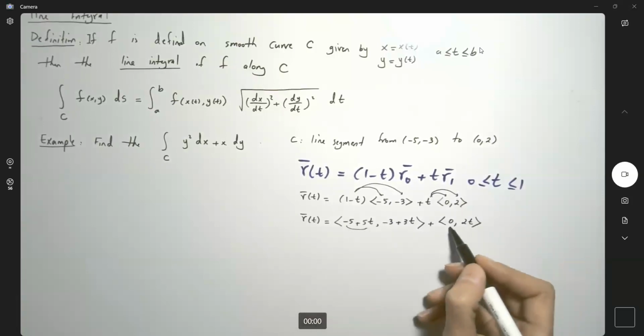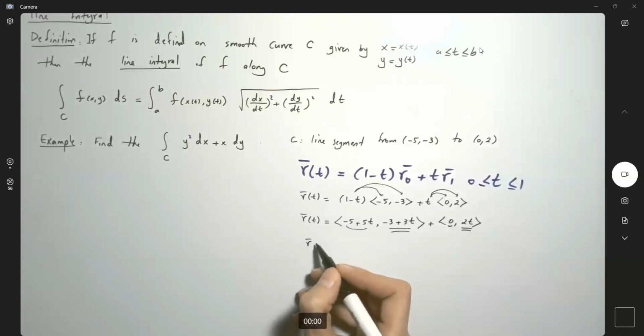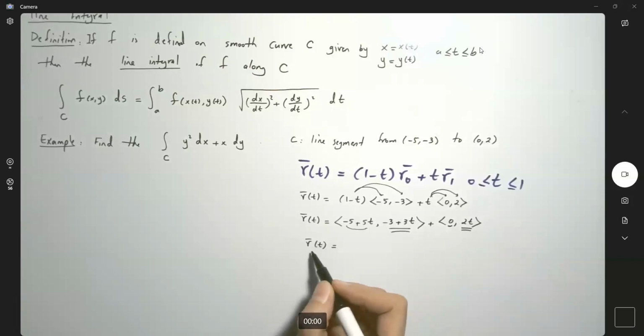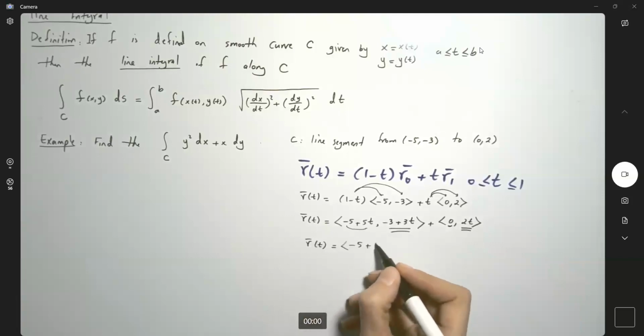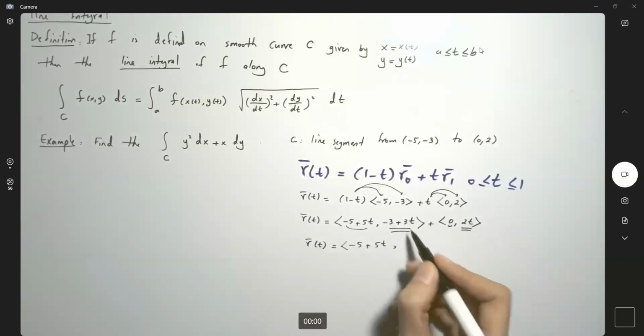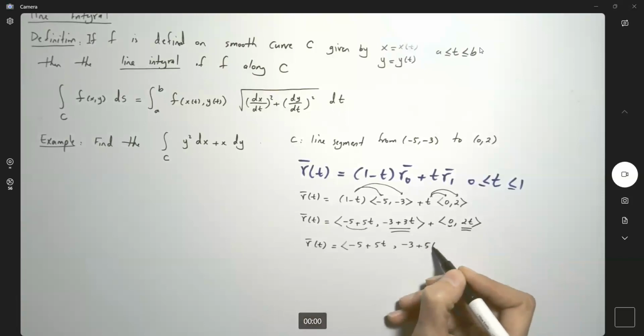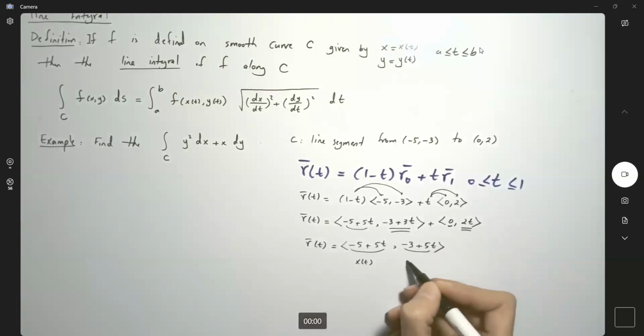You add the first components and add the second components, and your line segment in parametric form gives you the first component, -5 plus 5t, and -3 plus 5t. So this is your x(t), and this is your y(t).